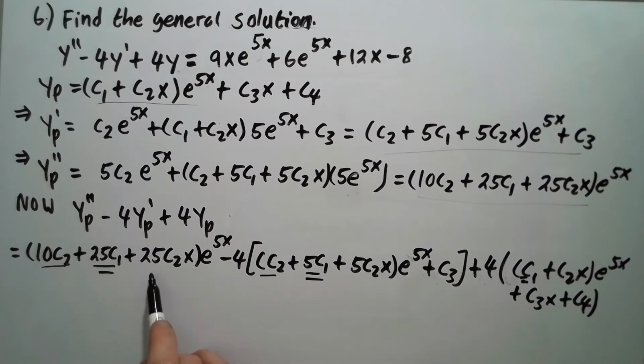And then here we have 25 c2x and a negative 20 c2x, so that'd be 5, and then 4, so it looks like 9 c2x also. Then the c3 here, we have negative 4 c3, and we'll have 4 c3x and 4 c4, so let me write that here.